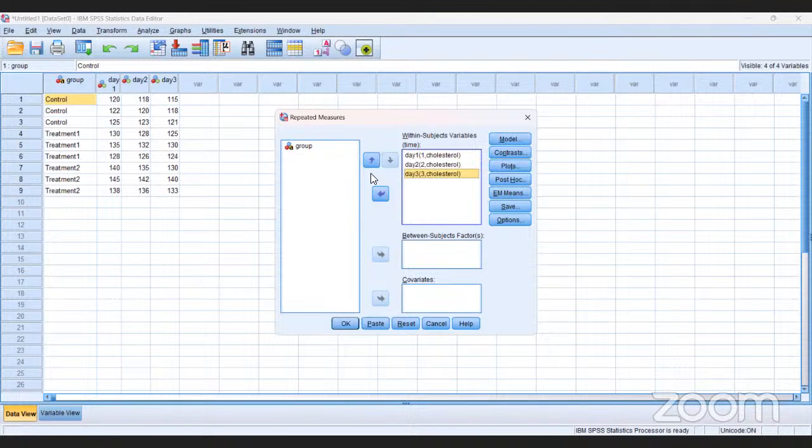And if you want to change the order, you can change the order also. But I am not interested to change the order. Now this is the group. Group is the between subject factors.